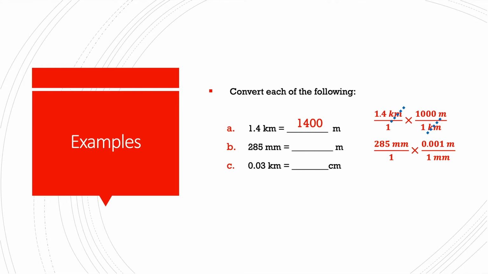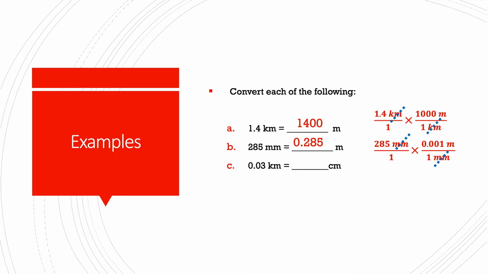Now to think about this another way, my second fraction, I could have said 1 meter over 1,000 millimeters, rather than dealing with decimals. But it's totally up to you either way. When we multiply and then divide, we would get 285 thousandths, or 0.285 meters.